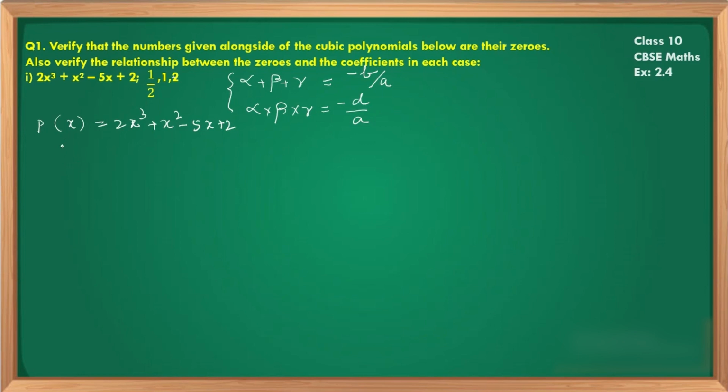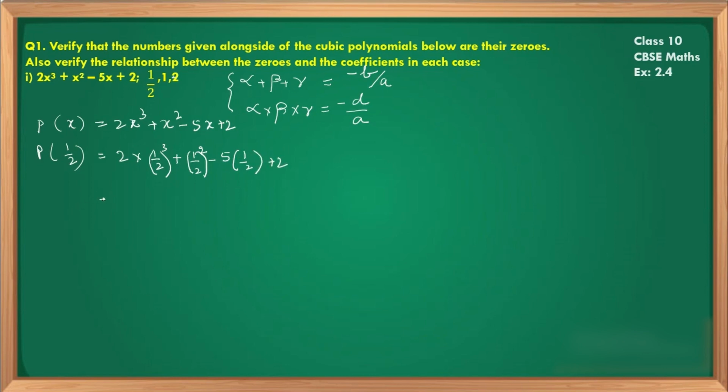Okay. Now in place of x, p of 1 by 2 is equal to 2 into (1 by 2) whole cube plus x square, that is (1 by 2) square, minus 5 into 1 by 2 and then plus 2.